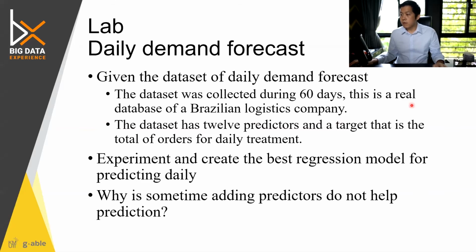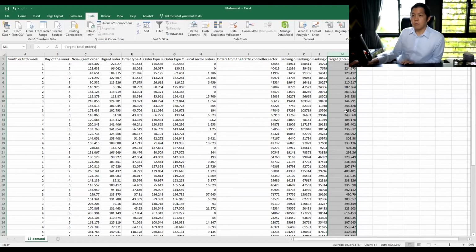You can create a model that would predict the daily demand, right? The total order, right? The data set contains 12 predictors, and the target is the total order for daily treatment. So that means in terms of the data set, you have the target here as the output, and the remaining here are input.